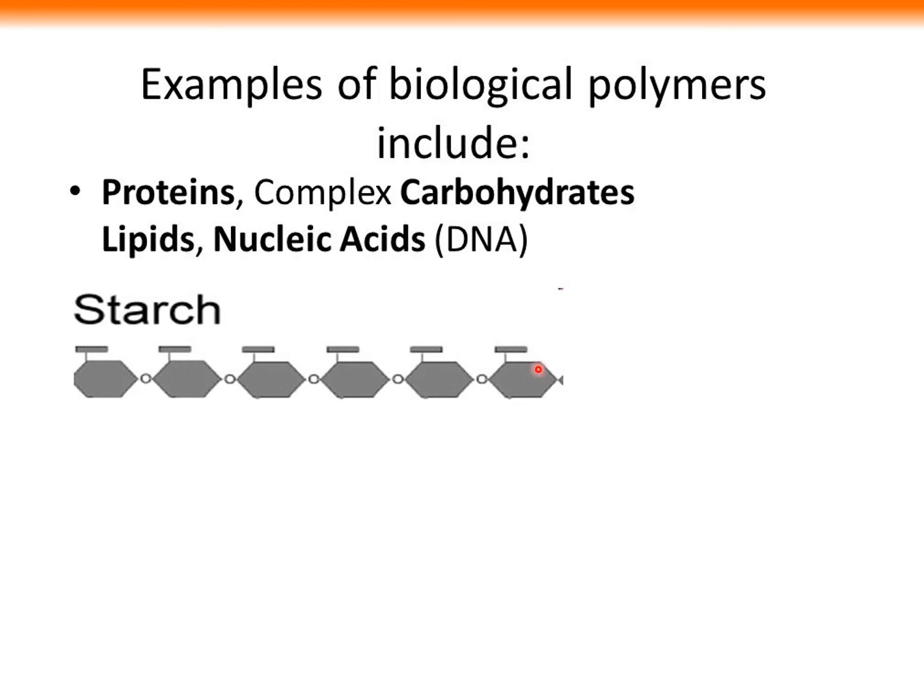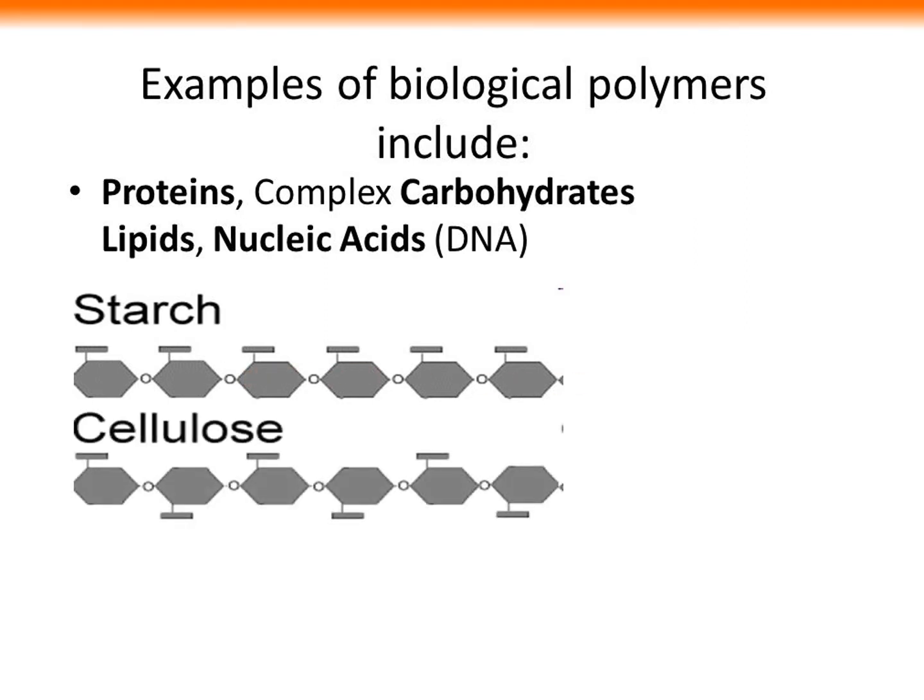So here's an example. Here's a starch polymer, and we have carbohydrate monomers, and there's a given bond between those monomers. Cellulose, which is very, very closely related to starch, look at the arrangement of the monomers here. There's a slightly different bond here, which makes cellulose much, much harder to digest. In fact, most healthy people don't digest much or any cellulose at all.